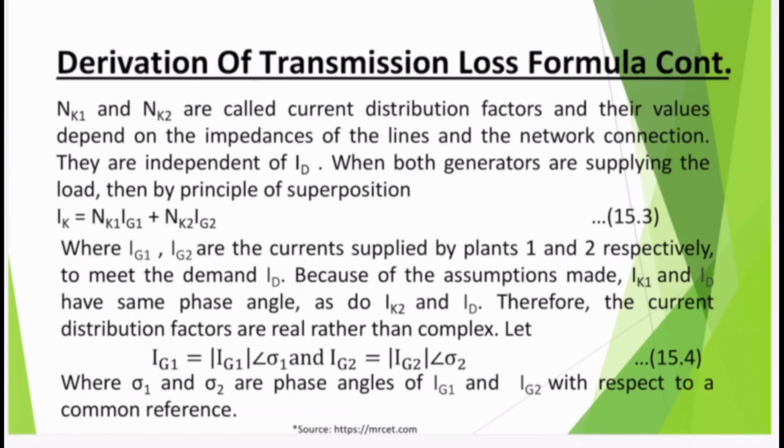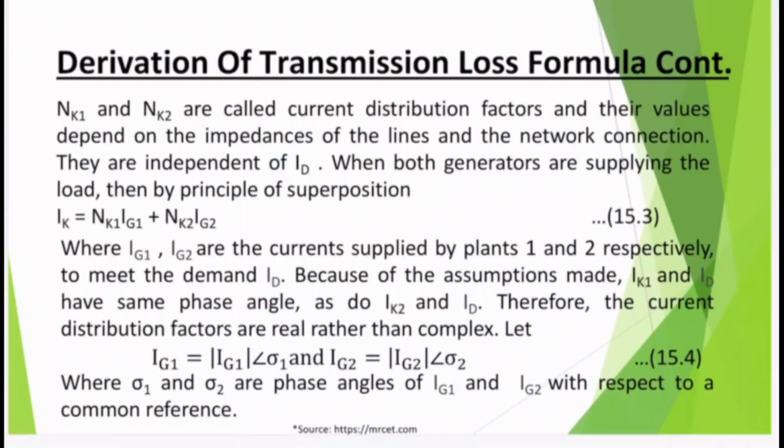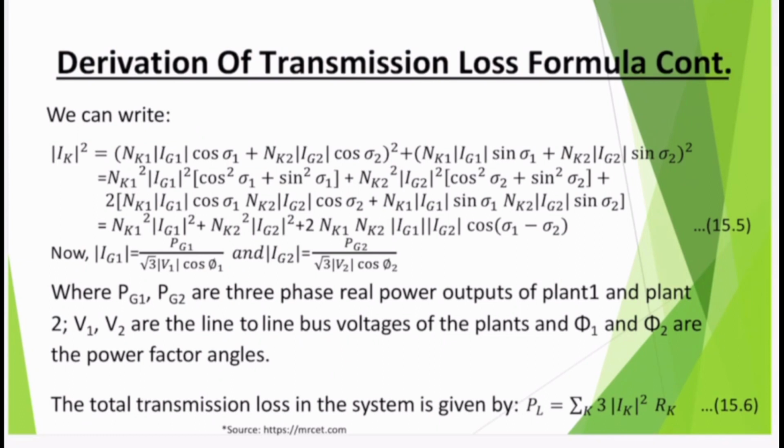So we can say IG1 is |IG1| angle sigma 1, IG2 is |IG2| angle sigma 2, where sigma 1 and sigma 2 are the phase angles of IG1 and IG2 with respect to a common reference. Now based on this, we can rewrite IK square, equation number 15.5.